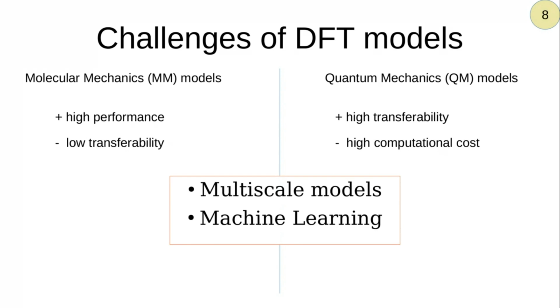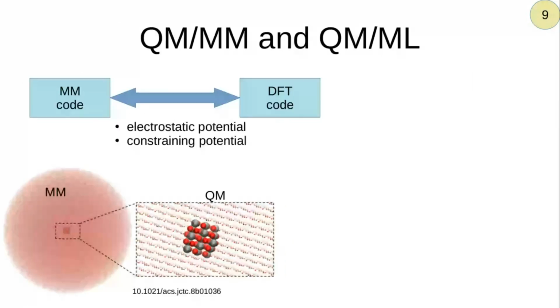To address these challenges, currently there are two interesting approaches. The practical approach is employing multi-scale approaches and, of course, machine learning approaches. How do they work for DFT codes?